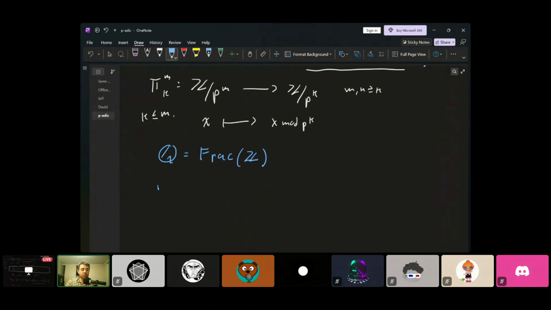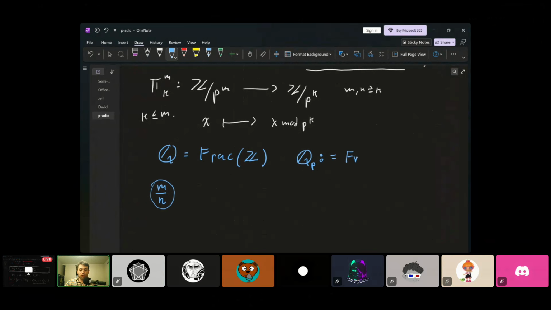Because what do we do? We just formally invert the non-zero integers, and we create these symbols and define multiplication and addition rules. Well, it turns out that this generalizes, and it generalizes in such a way that includes the p-adic integers.